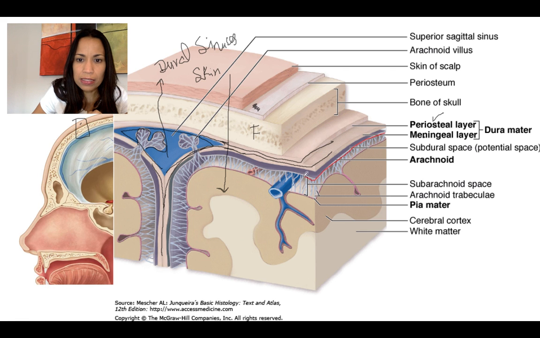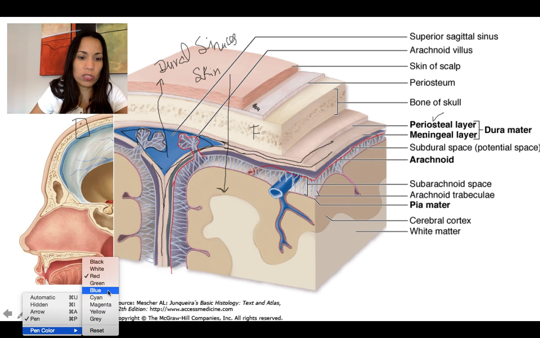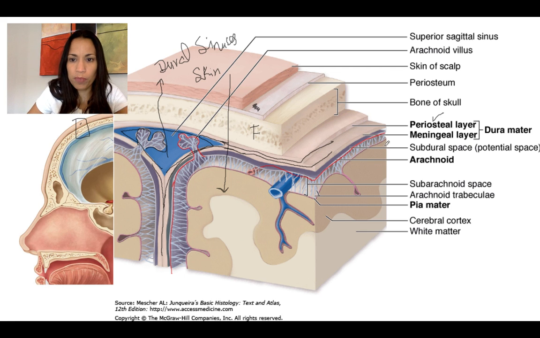It follows all, can you see? It goes towards the dural sinus in some parts, and then it keeps going along the surface of the brain. And the innermost layer is the pia mater, the one that clings to the surface of the brain and goes within every single sulcus of the brain.